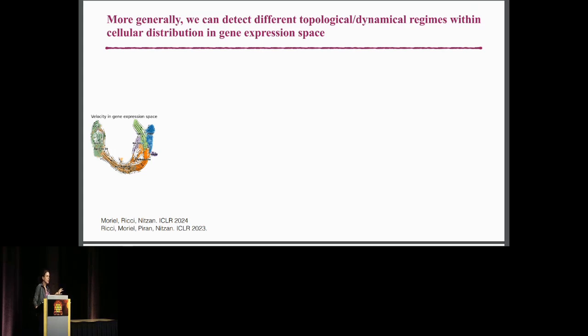And then when the cells are flowing towards their terminal states, we would expect to see something that's more similar to a regime with fixed points, if we think about it from a dynamical systems theory point of view.